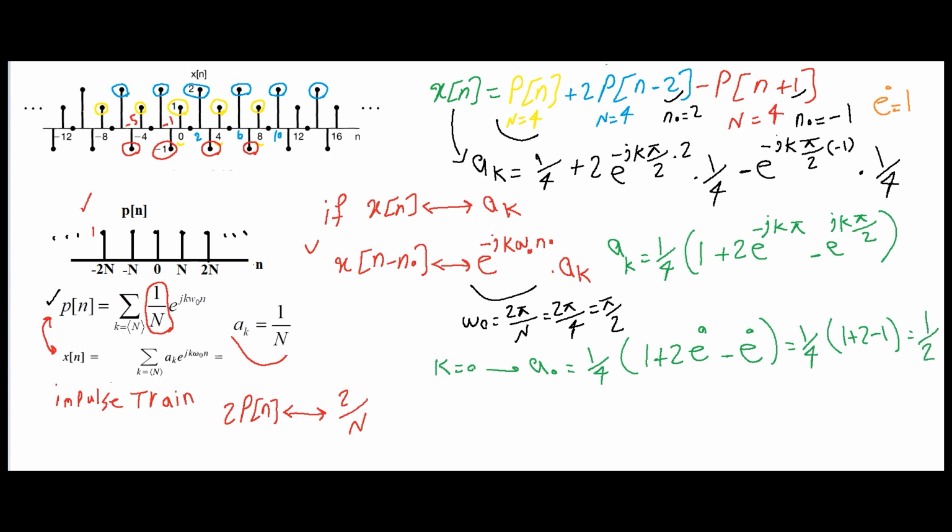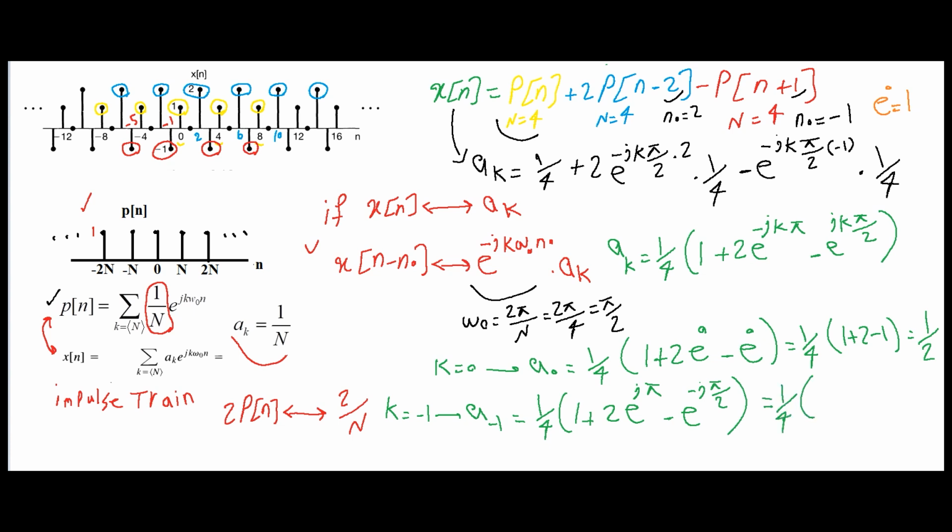Now for k equals minus 1, we substitute and get a minus 1 equals 1 over 4 times 1 plus 2e to the power of jp minus e to the power of minus j p over 2.